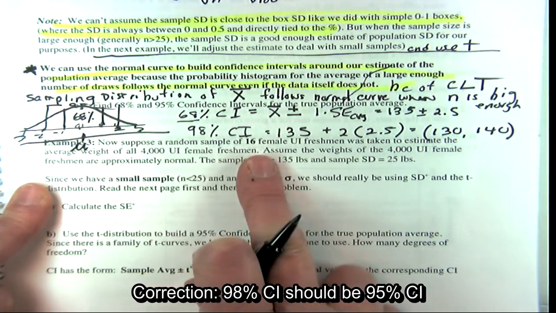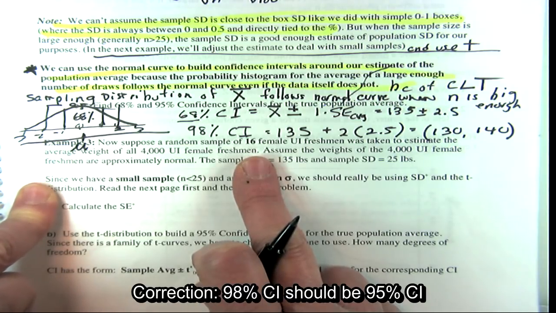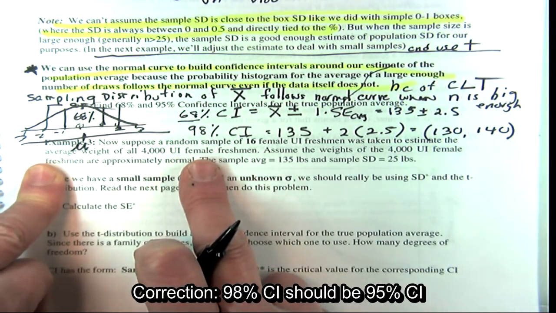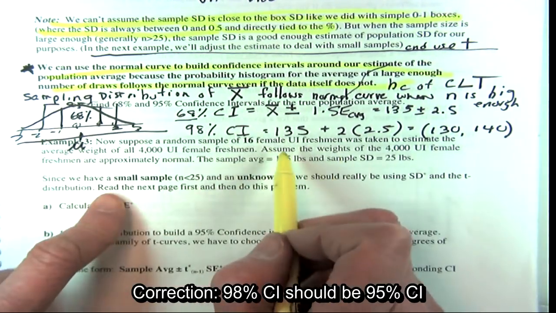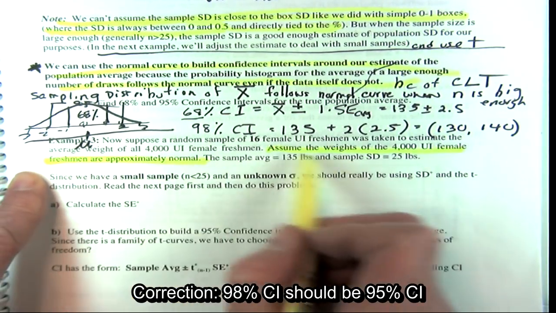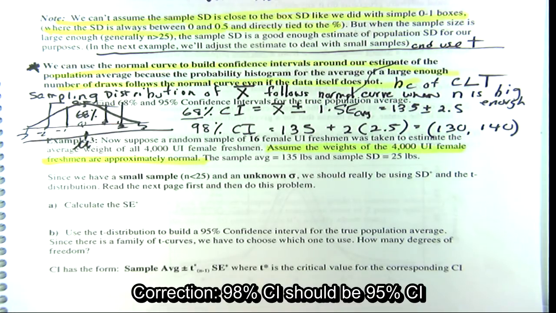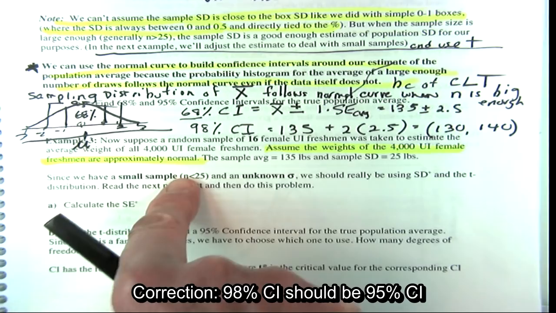Suppose a random sample of only 16 females instead of 100 is taken to estimate the average weight of all 4,000 UI female freshmen. Now we have to assume the weights of the 4,000 are approximately normal, because our n is not big enough for the central limit theorem to kick in. So we have to make this assumption now with a small sample like that.